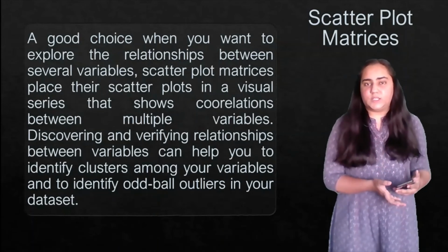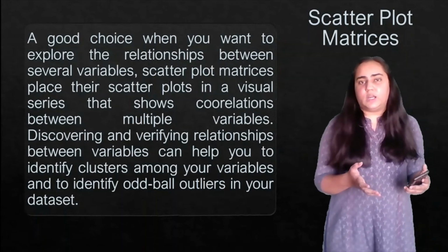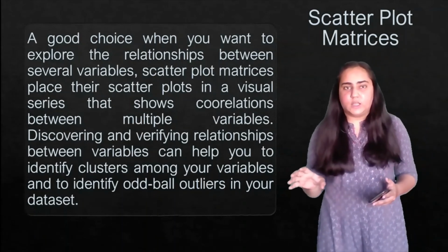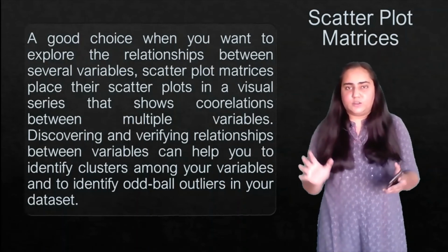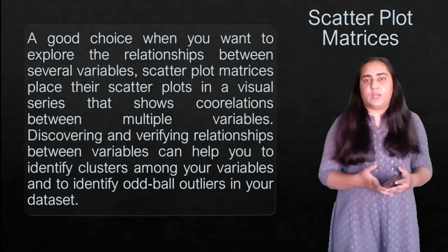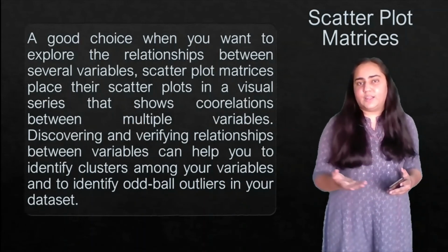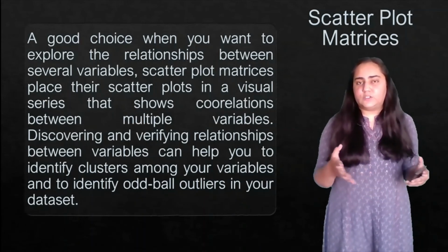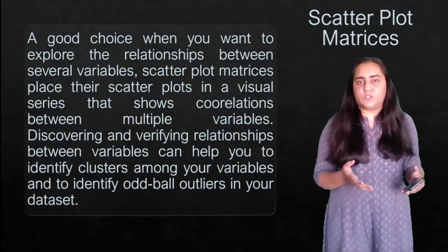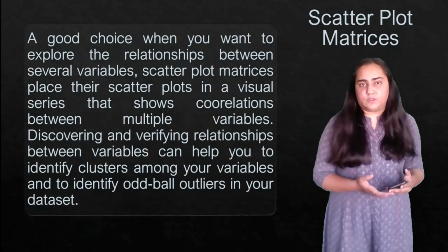There are scatter plots, but they are shown in different matrices. So there's one matrix with scatter plots, there's a second matrix with scatter plots, and then a third one, and so on. So how that helps is when you see so many matrices of scatter plots together, then you can see correlation between multiple variables.